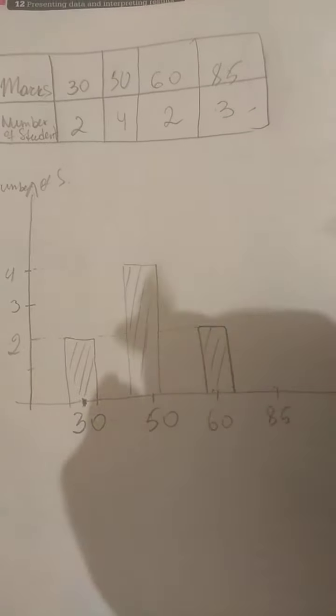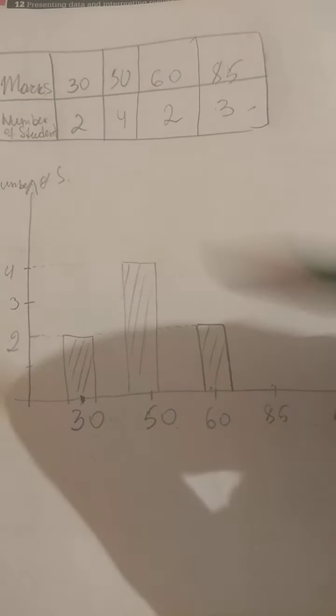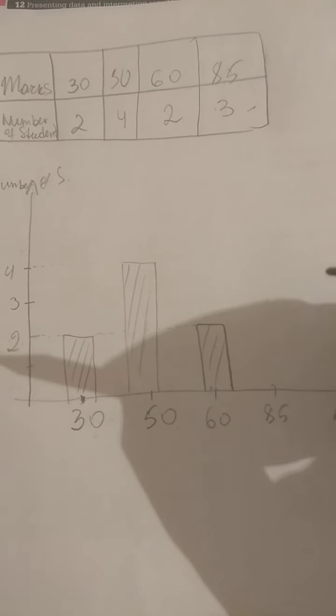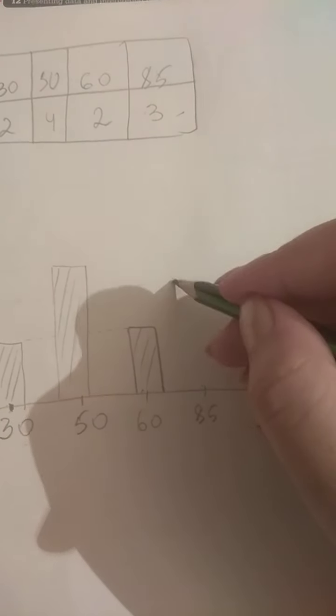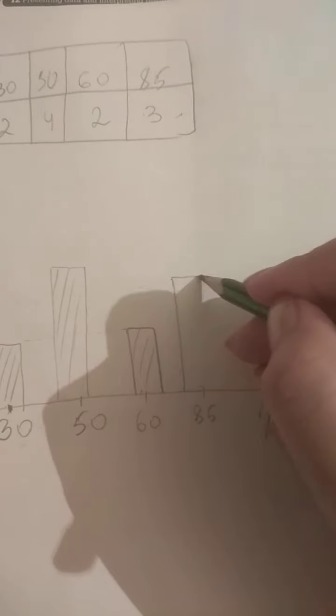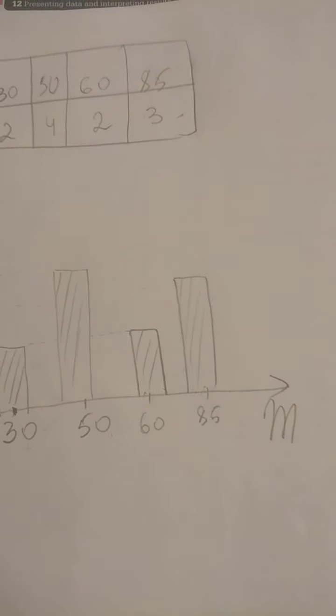Both of them are the same. Then 4 students got 50, so we can find our mode, median, mean, then range easily, okay? Then 85 represents what? 3. So 3 students got 85, like that, okay?